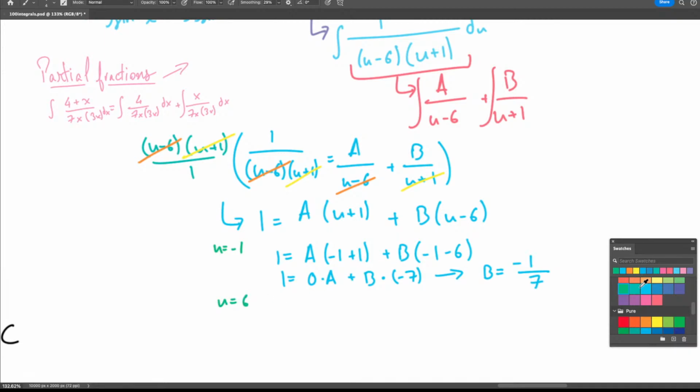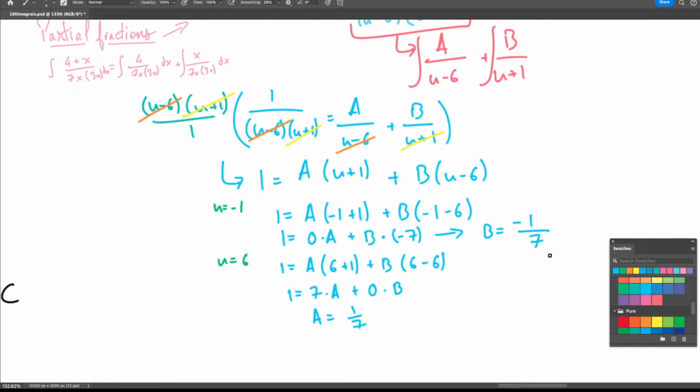U equals 6. 1 equals a times (6 plus 1) plus b times (6 minus 6). 1 equals 7 times a plus 0 times b. A equals 1 over 7.